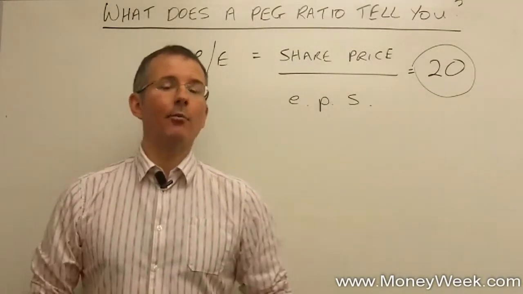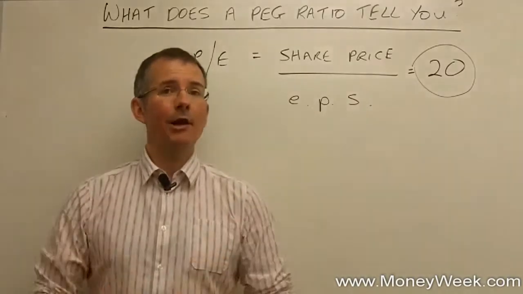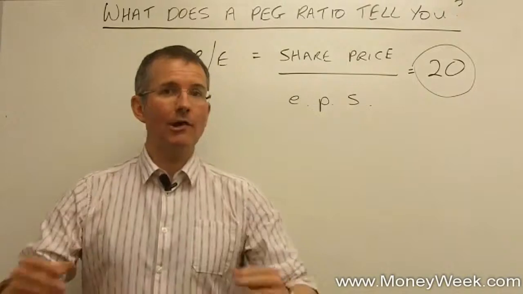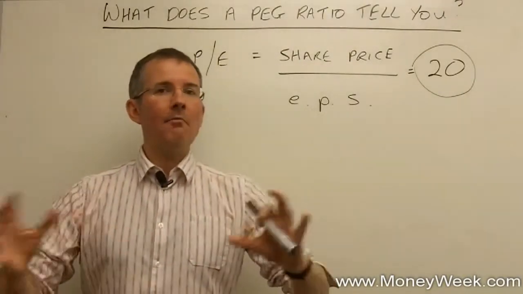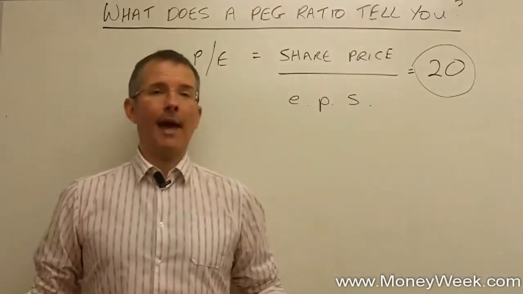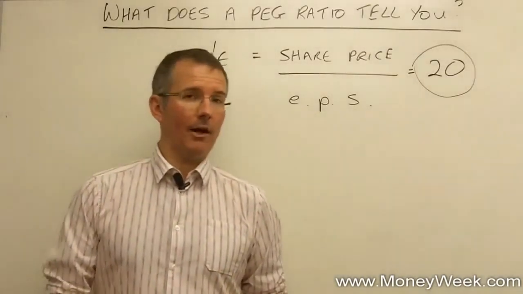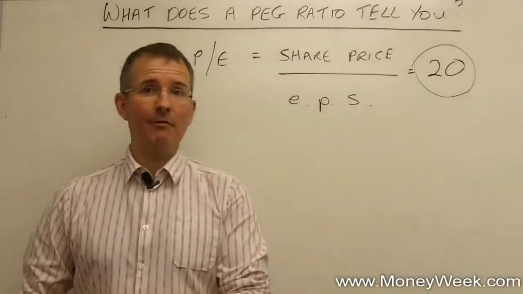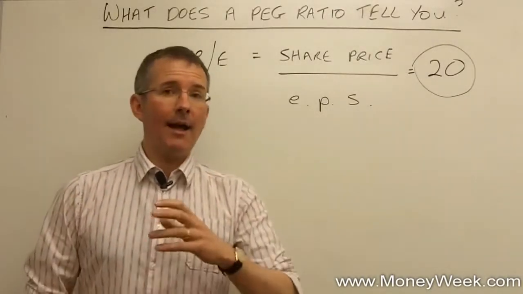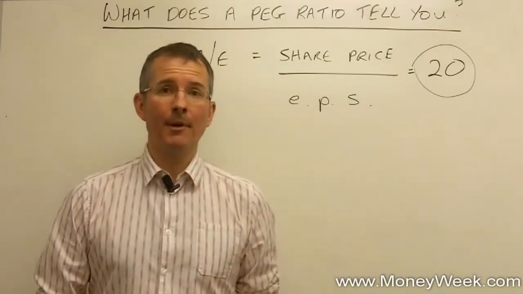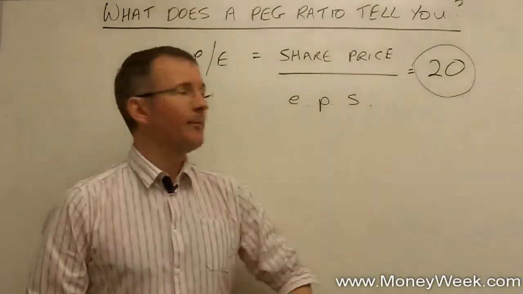Utility companies, for example, typically have fairly low PE ratios. Technology companies and telecoms have high PE ratios. So cross-sector comparisons can be quite difficult because you'd always expect a telecoms firm to have a higher PE, all other things being equal, than a utility company. That's a given. So really, that in itself doesn't tell you much about which one you should buy, if either of them. So there's one drawback of PE ratios.